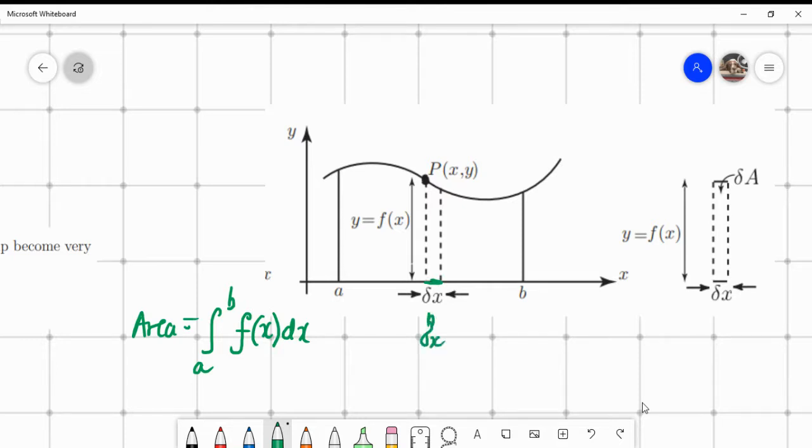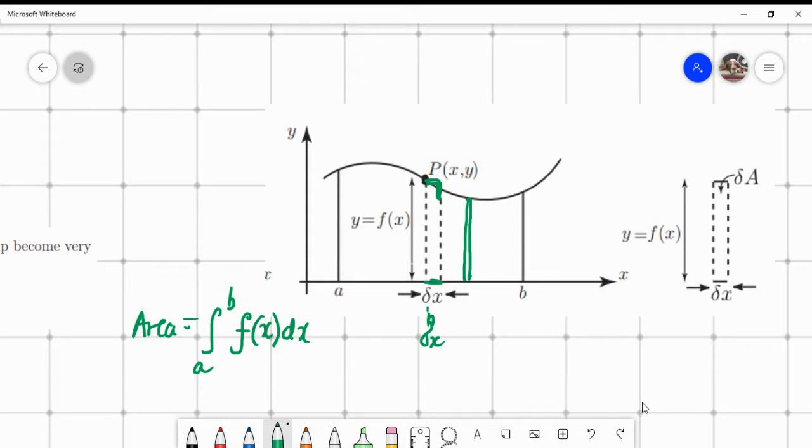Remember we used h in the trapezium rule and h in differentiation. Now it's going to be like that: that strip. As this strip gets smaller and smaller, you are going to have a nicer fit underneath the curve.